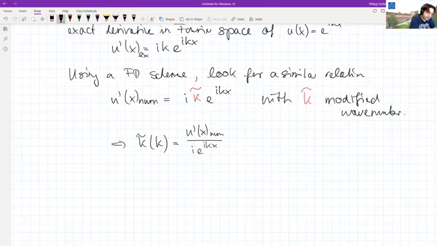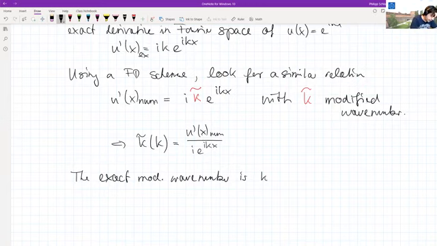Let me write down a short sentence. So the exact modified wave number, well, obviously then it would not be modified, is k tilde being k. But as we will see, it will not be like that for a scheme.